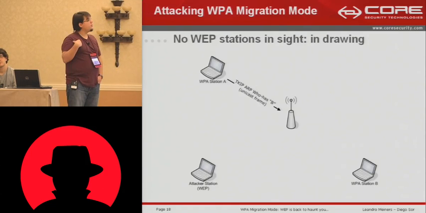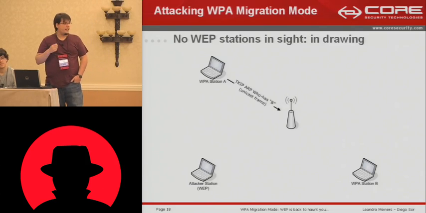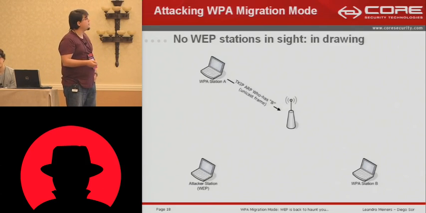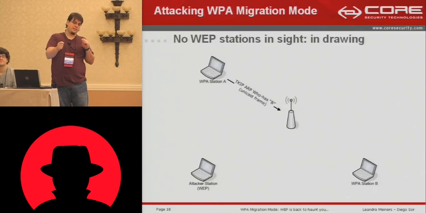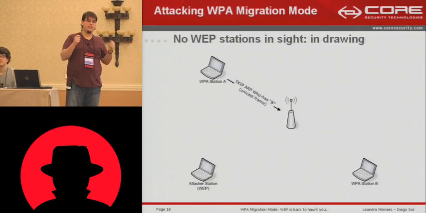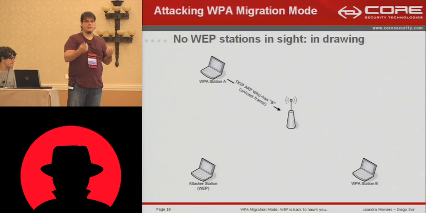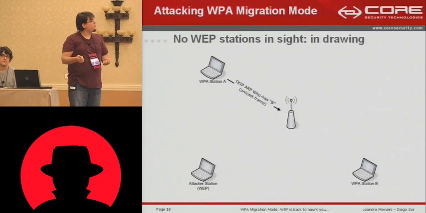Basically, the scenario is this one. We have two WPA stations, and we are the attacker. Station A sends an ARP frame, which is TKIP encrypted, because every time a WPA station talks to the AP, even if it's sending broadcast traffic, it encrypts with TKIP, or AES if it's using WPA2.